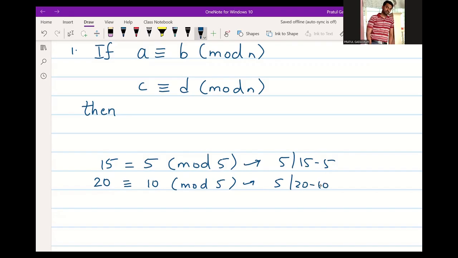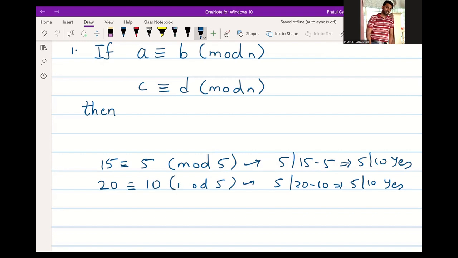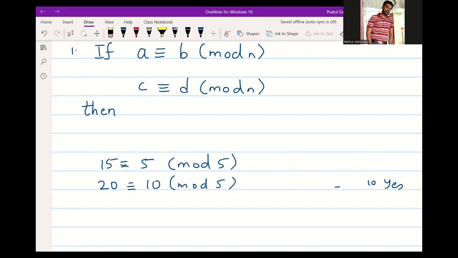So does 5 divide 10? Yes, because 10 can be written as 5 into something. So both these congruences are correct.